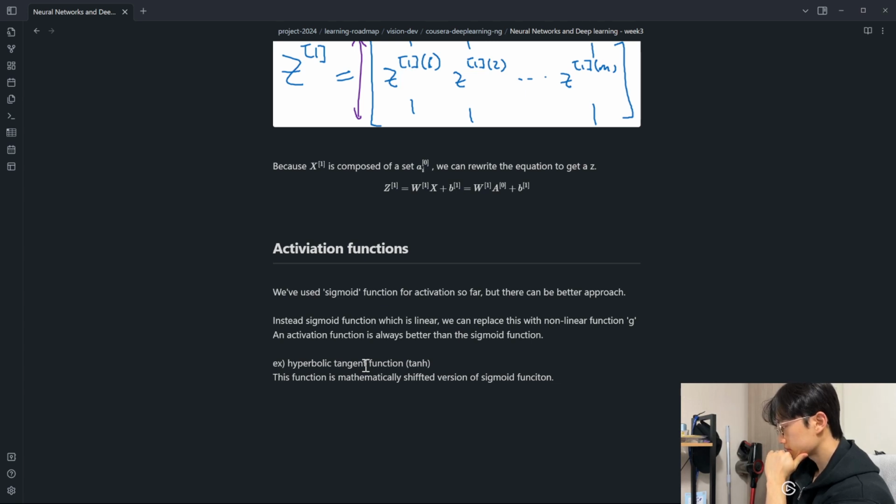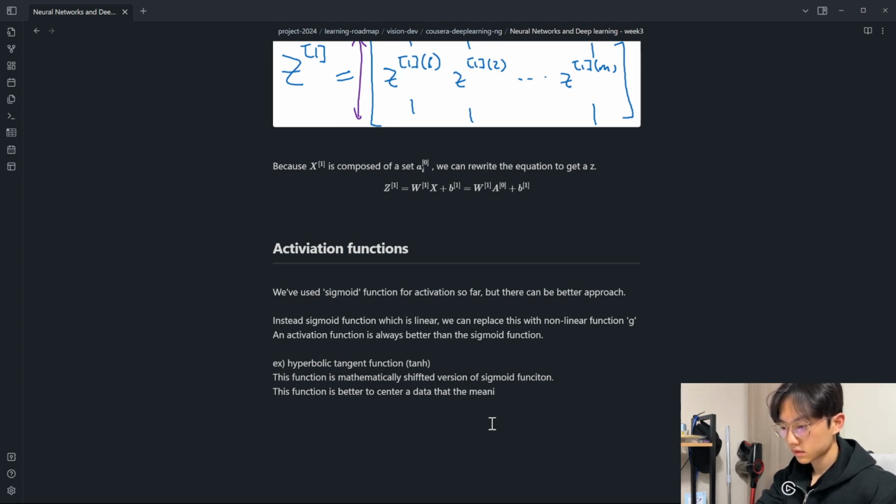Just as sometimes when you train a learning algorithm you might center the data to have zero mean, using a tanh instead of a sigmoid function has the effect of centering your data so that the mean of the data is closer to zero rather than maybe 0.5, and this actually makes learning for the next layer a little bit easier.